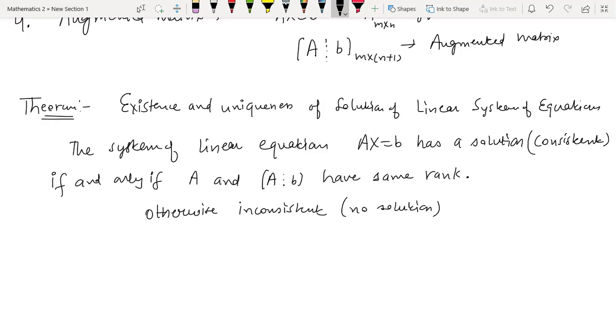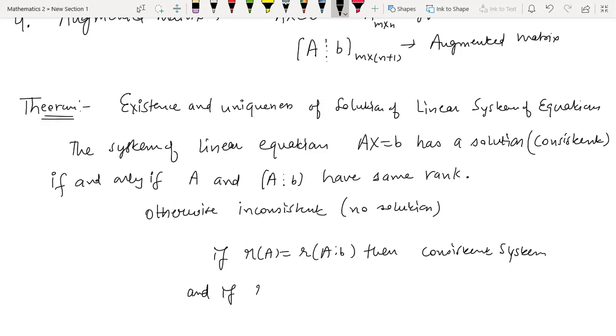So if rank of A is the same as rank of the augmented matrix, then we have a consistent system. And if rank of A is not equal to rank of the augmented matrix, then we have an inconsistent system.